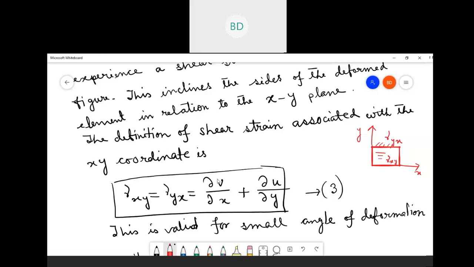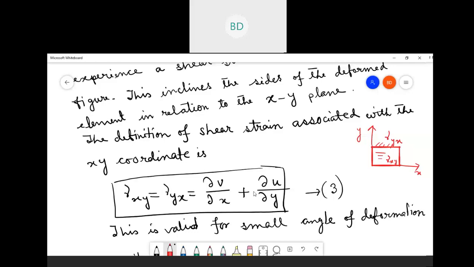Since it is deformed in two directions, we have to take the partial differentiation. Deformation in x direction plus deformation in y direction will give you the total deformation. Am I clear, Guru?